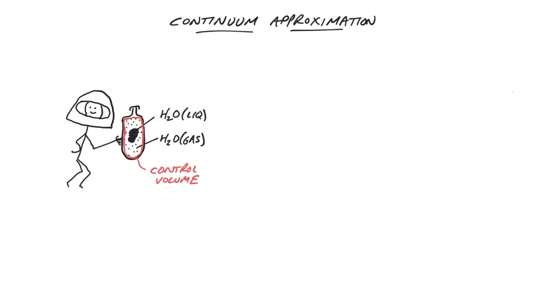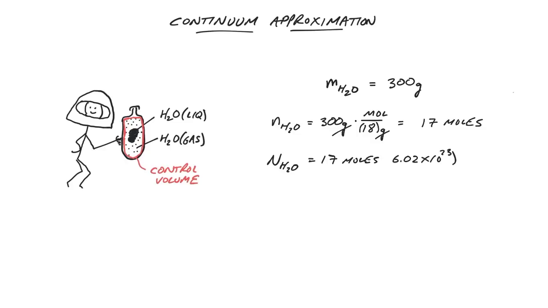Returning to our thermos of H2O, we might expect a similar situation to prevail. However, unlike the Lennard-Jones model, which only has 1,000 molecules in it, our H2O is macroscopic. For example, let's say our thermos contains 300 grams of H2O. Dividing by the molecular weight, and then multiplying by Avogadro's number, this gives us about 10^25 molecules.